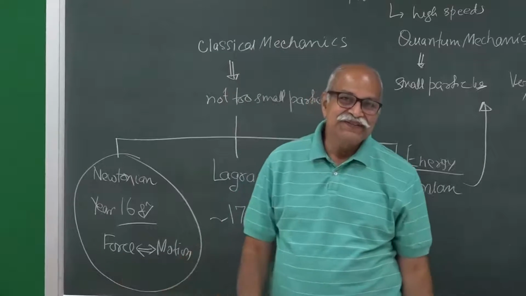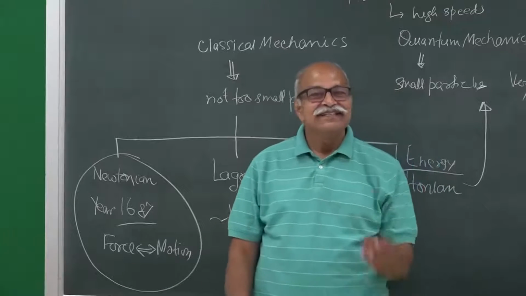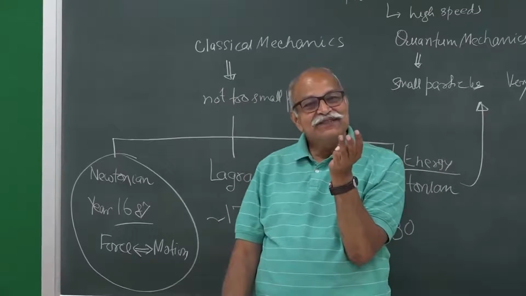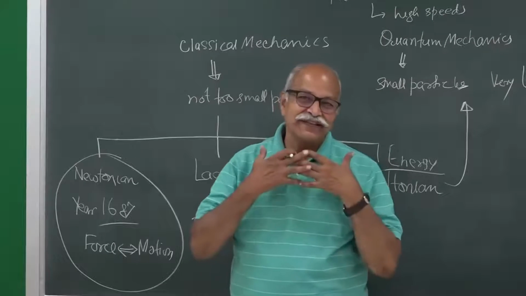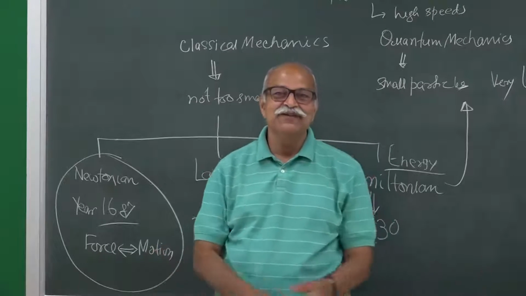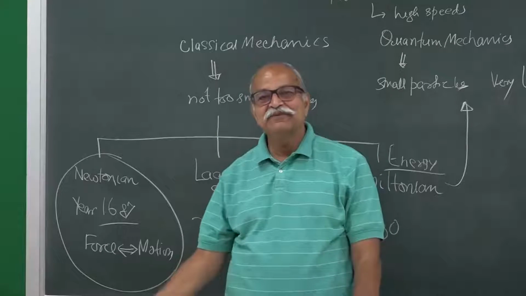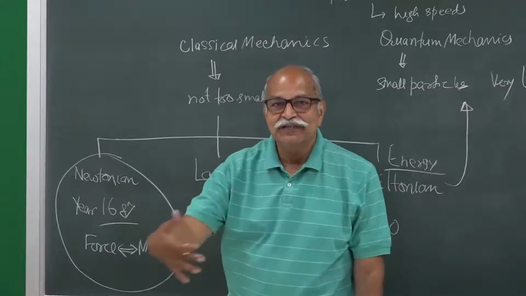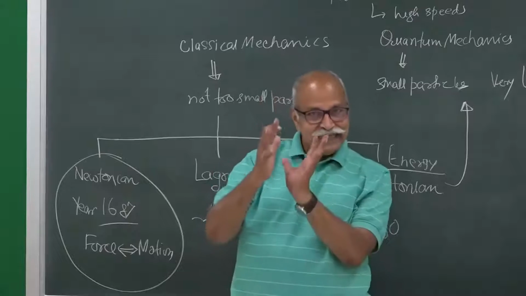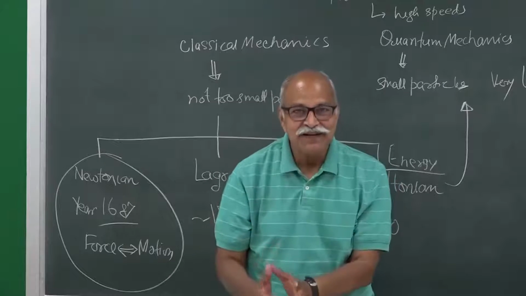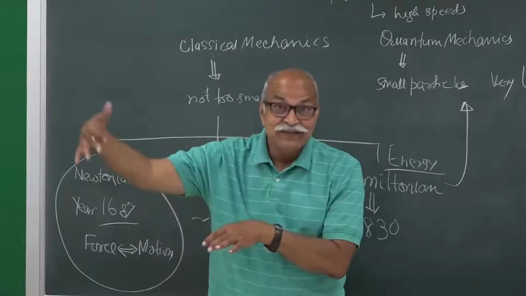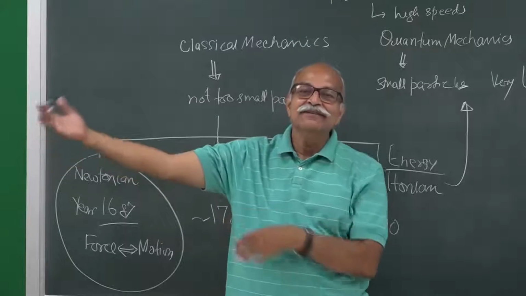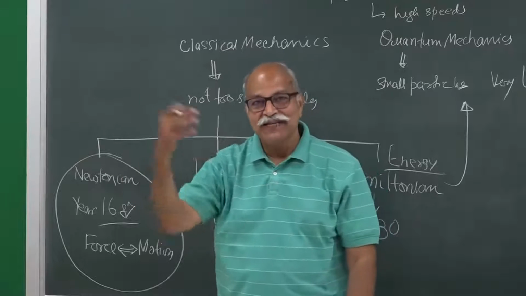And you all know that it is governed by 3 laws of Newton: first law, second law, and third law. Then there are very well structured equations, F is equal to ma. You solve them to get the future of that particle. Once you know the present of the particle and the forces acting on it for each instant to come, you can predict the whole trajectory of that particle.